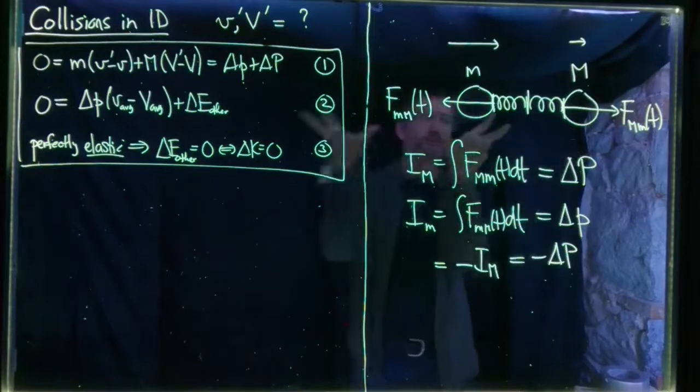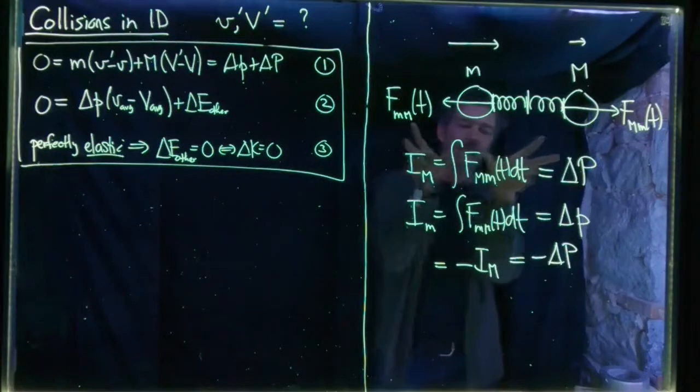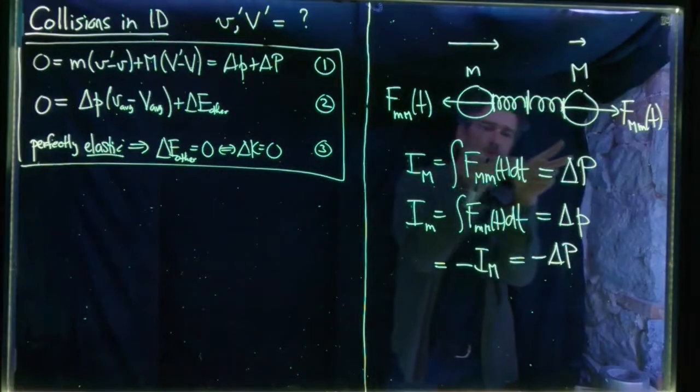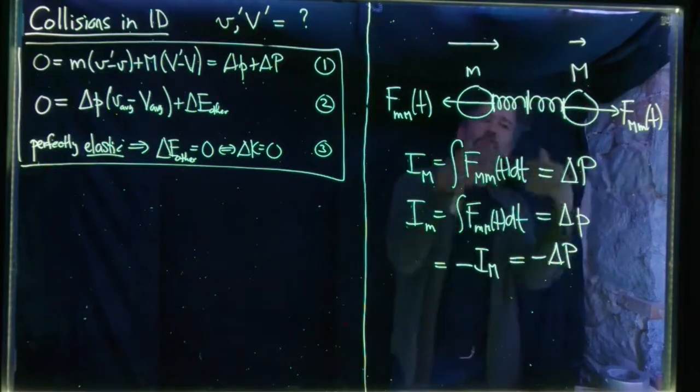Okay, and so these masses come in like this. There's some kinetic energy in the system. Then these two ideal springs compress. There is now less kinetic energy in the system, and some has gone into spring potential energy. Okay, but then those springs uncompress, and they re-release that potential energy they had stored back into kinetic energy.